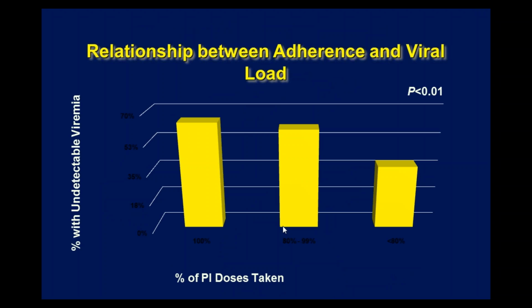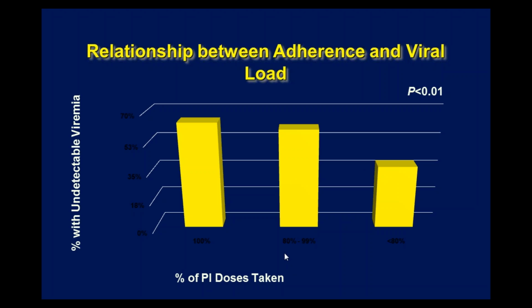There is a clear relationship between taking medication and having an undetectable viral load. This study was done actually in the 90s using regimens that we don't use anymore. Like you have to take 3 times a day, maybe 5 pills 3 times a day, and people would have a lot of noise in the body. But if you took less than 50% of your drug, less than 50% of people had an undetectable viral load.